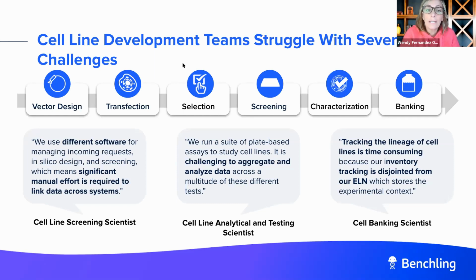Similarly, a cell line analytical and testing scientist who runs a bunch of different assays with different instruments from different studies, this can be challenging as well to put everything together and analyze all that data. And for the cell banking scientists, the software tools used to track inventory might be disjointed from the ELN that contains experimental context. So this makes lineage tracking quite time consuming.